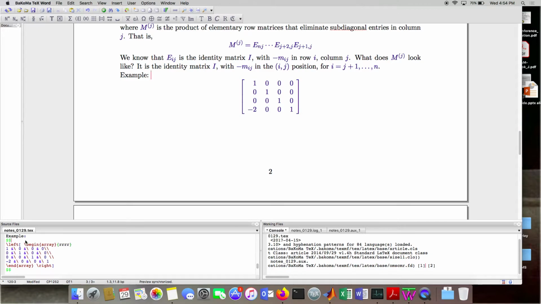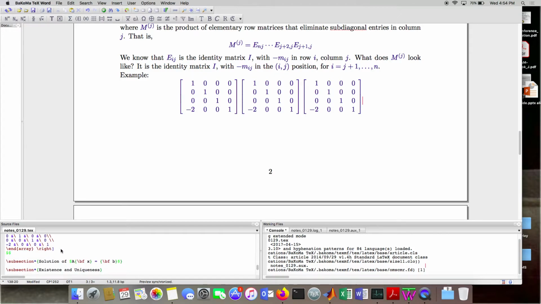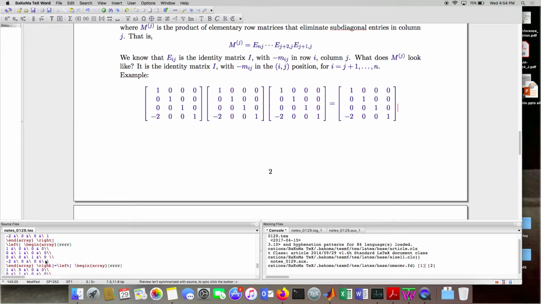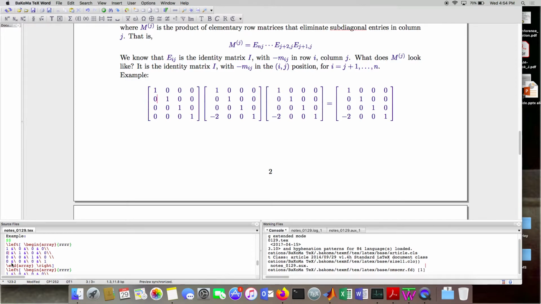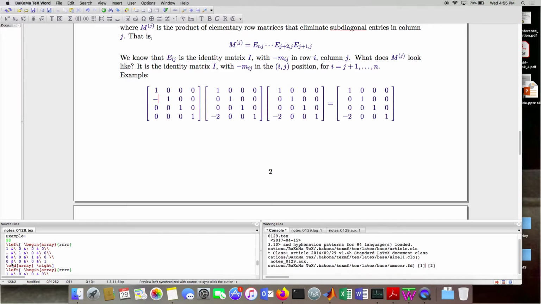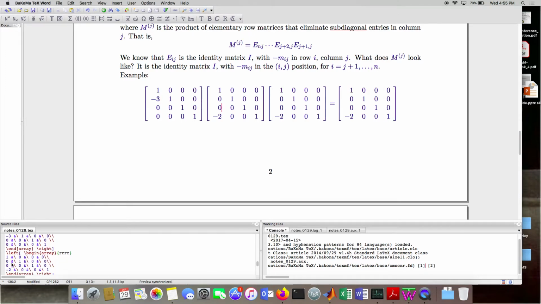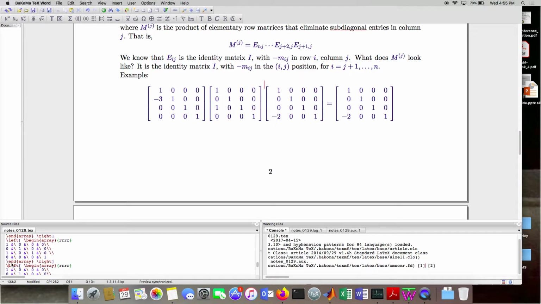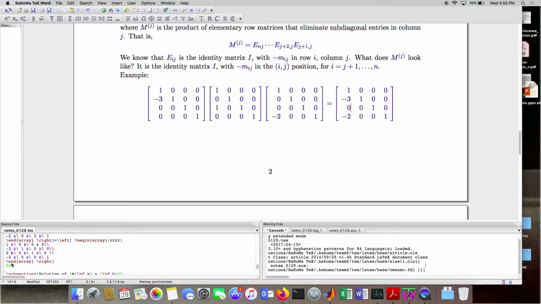I hope this will all fit. I need to fix this here. Okay, so what we have here are 3 elementary row matrices.